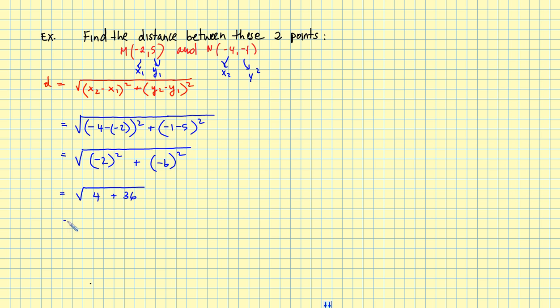So it's 4 plus 36, which gives me root 40, and that is nothing more than 2 root 10. So the distance between these 2 points is 2 root 10, or approximately 6 point something. The length is definitely going to be bigger than 6, because it's greater than the other 2 sides, since it's our hypotenuse.